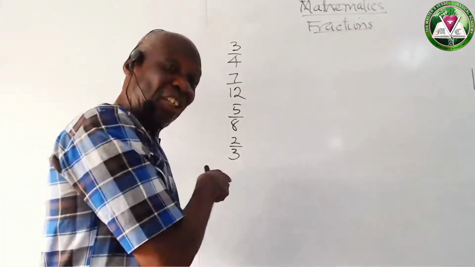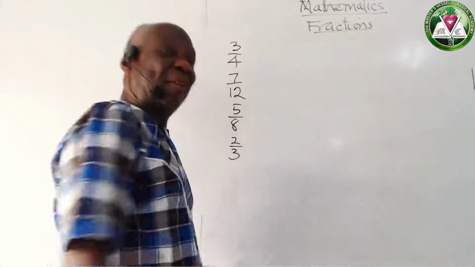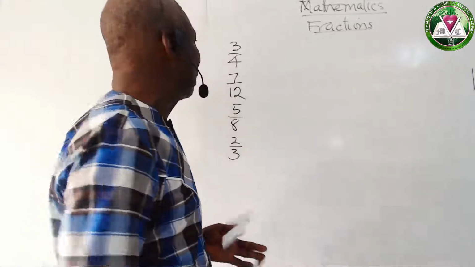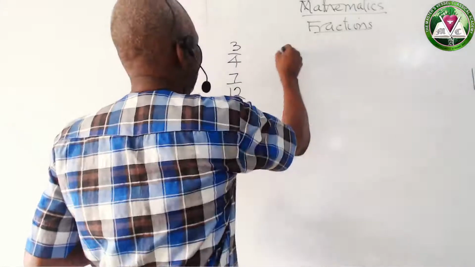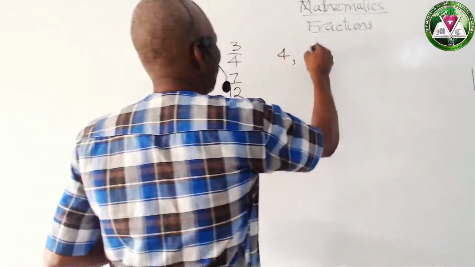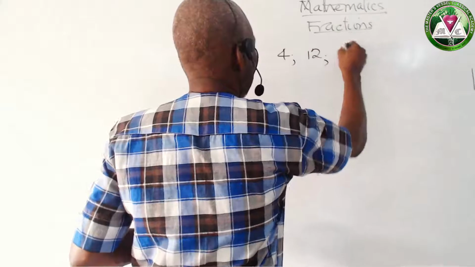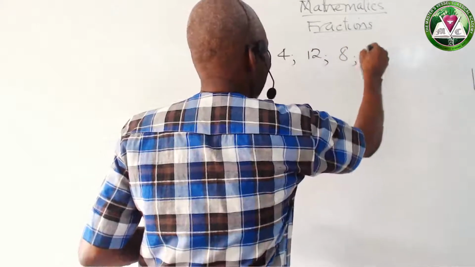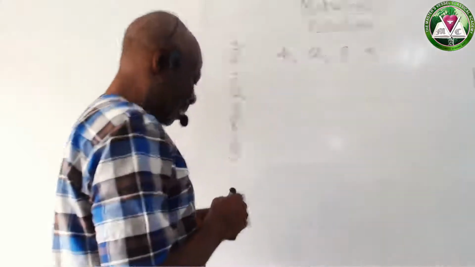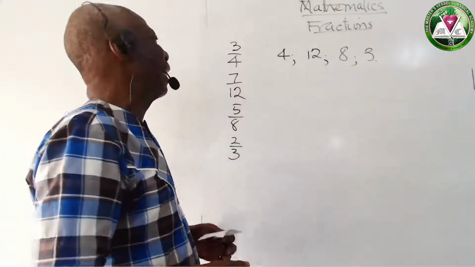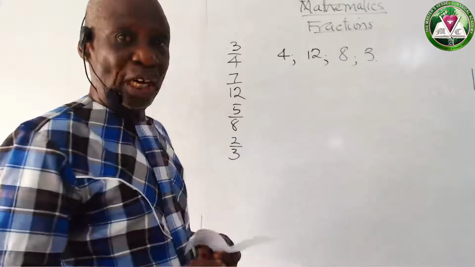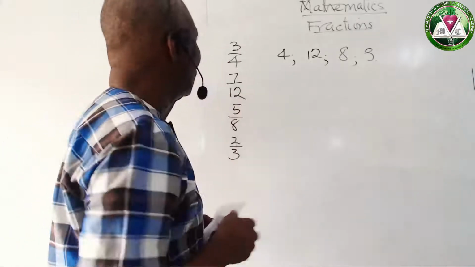Here it is the denominators, so finding the LCM of denominators, that is what you hear some books say. Now, we look at the numbers 4, 12, 8, and 3. They are the denominators of the 4 fractions. We shall now get their LCM. And of course, we know how to get our LCM.